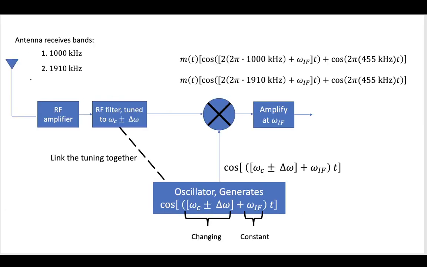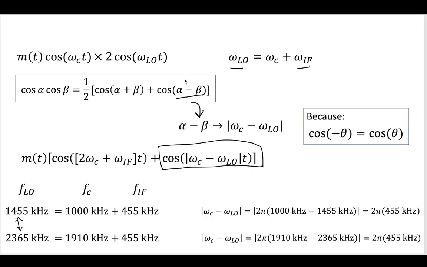So basically, our antenna is going to receive multiple bands, and when we amplify and put them through that tunable filter, at this output both of these channels would be moved to the intermediate frequency. So both 1000 and 1910 kilohertz would be moved to that same intermediate frequency, based on what we saw in this slide.